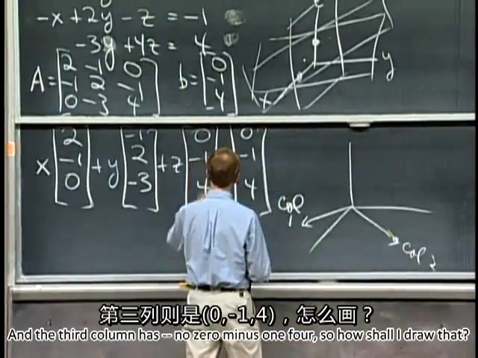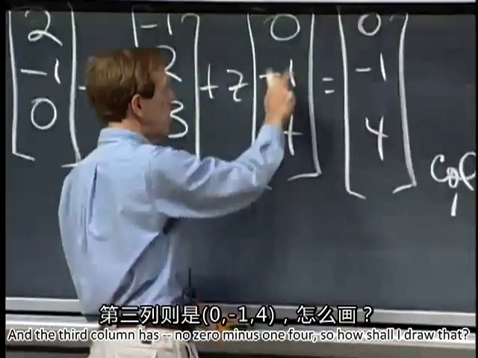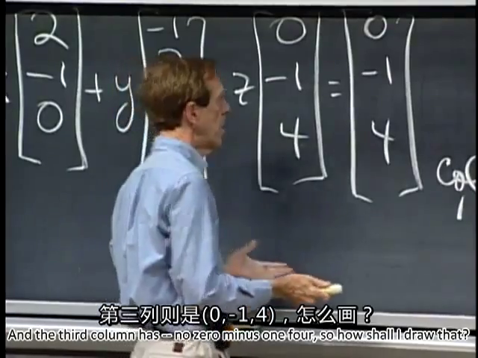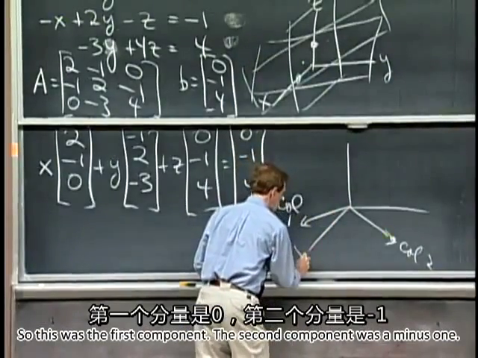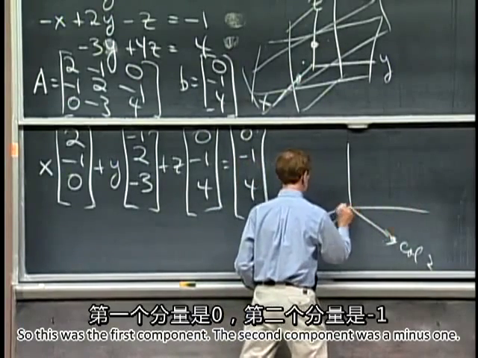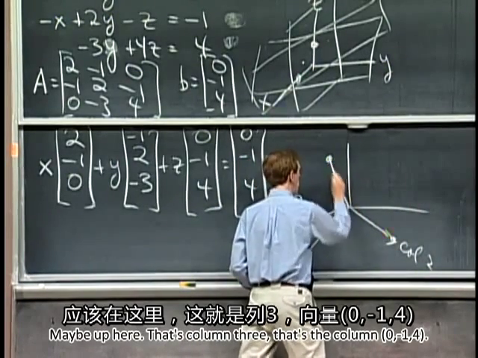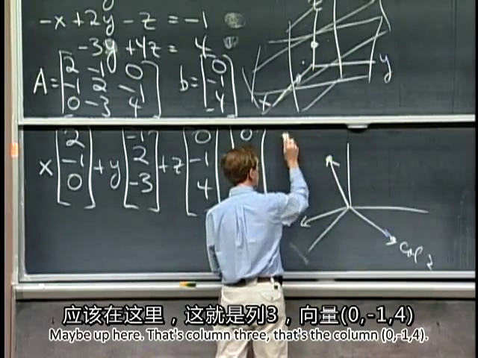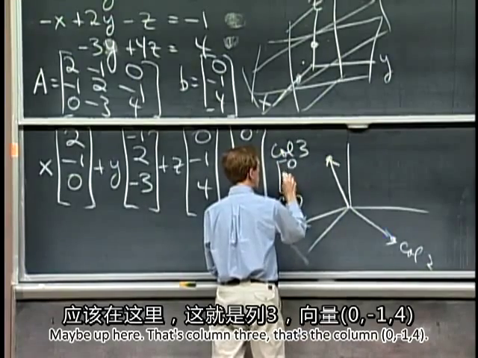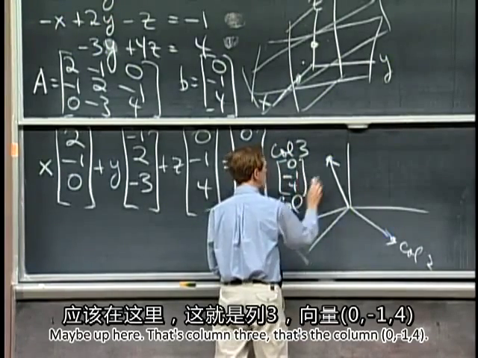And the third column has 0, minus 1, 4. So how shall I draw that? Nothing in the first component. The second component was a minus 1, maybe up here. That's column 3, the column 0, minus 1, and 4. This guy.